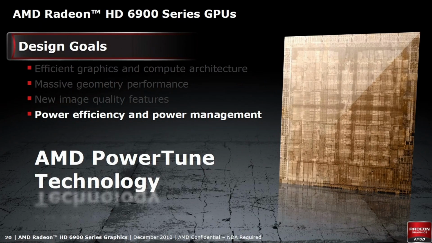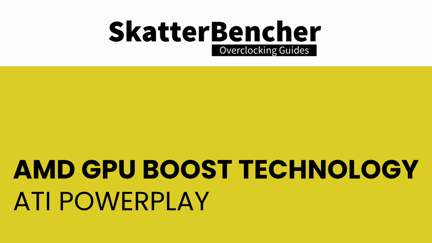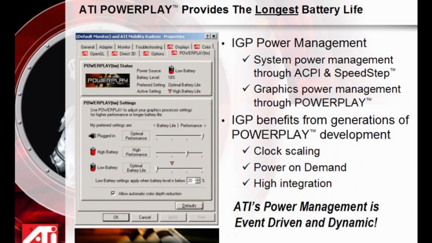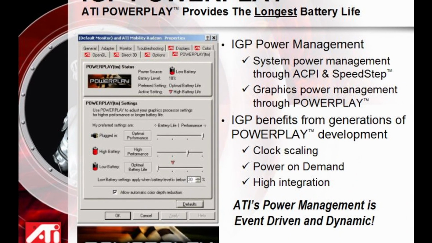Among the many novelties, AMD introduced a new dynamic voltage frequency scaling technology, DVFS, called AMD PowerTune as the successor to the acquired ATI PowerPlay technology. ATI introduced the PowerPlay technology in 2001 as a form of dynamic power management, or DPM, for their mobile graphics.